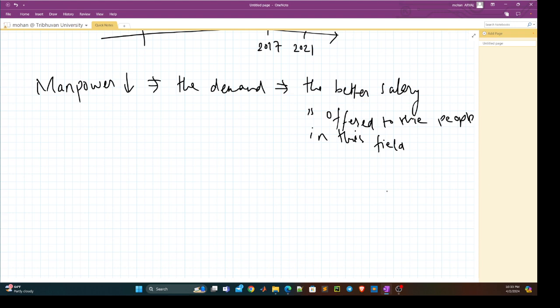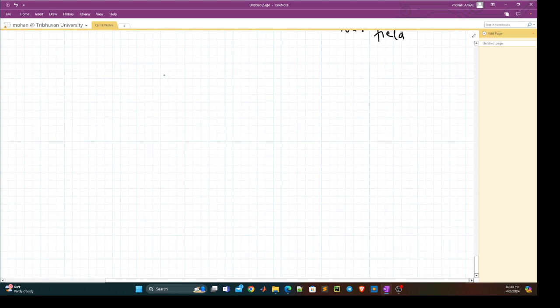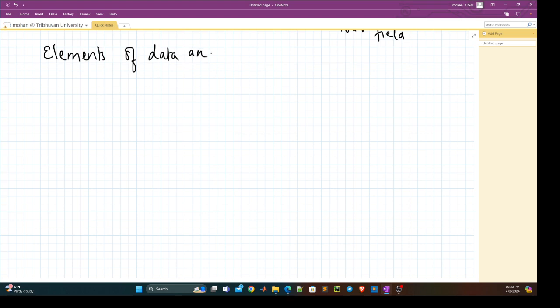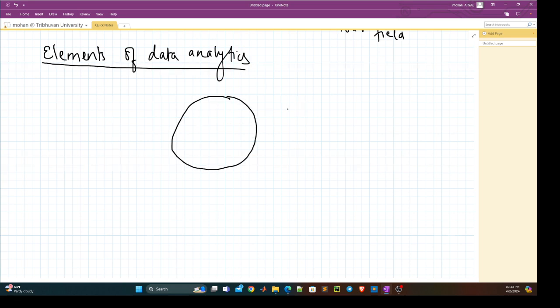So what will be related in this field? Okay, we'll see about the elements of data analytics. We will see the data analytics, where this part, this part, and straight from here.